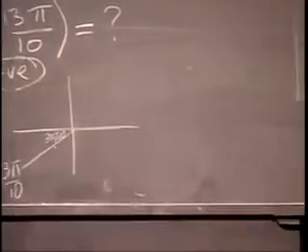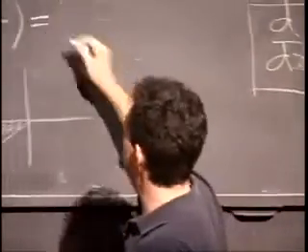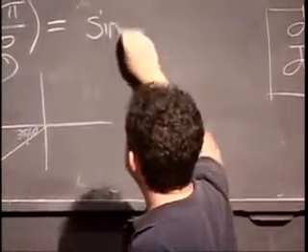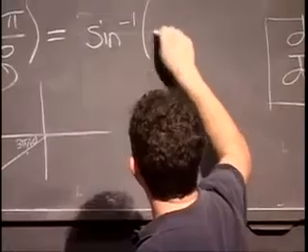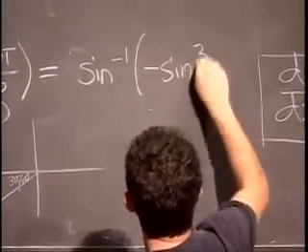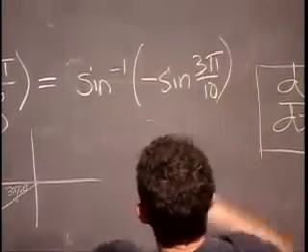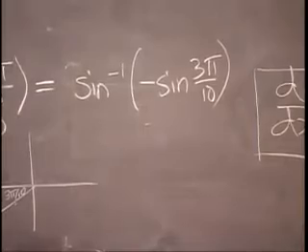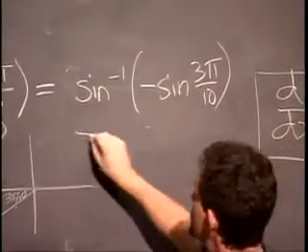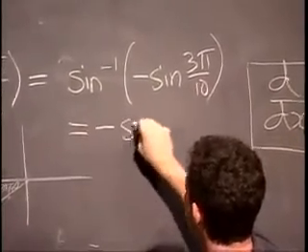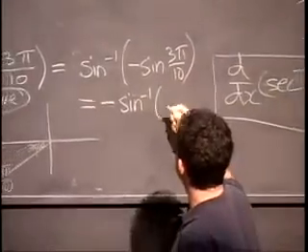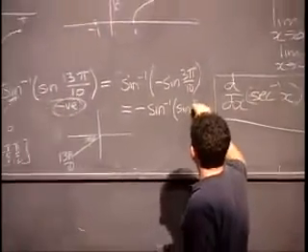What's the sine the same as? Well, the reference angle. So this is the same thing as inverse sine of negative sine 3 pi over 10. So because this is an odd function, we can pull out the minus and write this as negative of inverse sine 3 pi over 10.